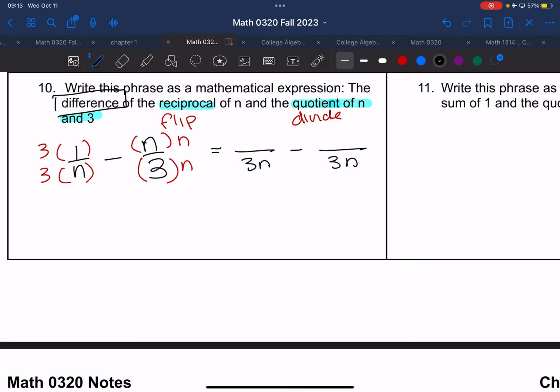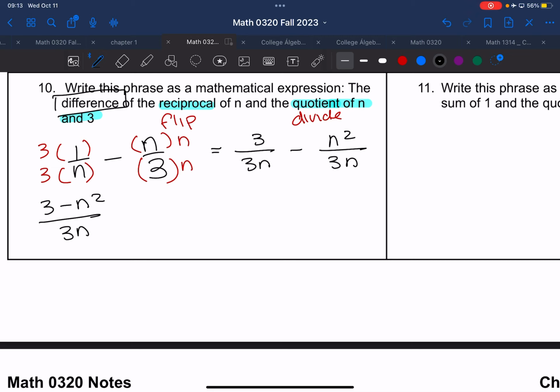Okay. On the first numerator, we have 3 times 1, which is 3. And then in the second one, we have n times n, which is n squared. So if we were to combine these, this is 3 minus n squared over 3n.